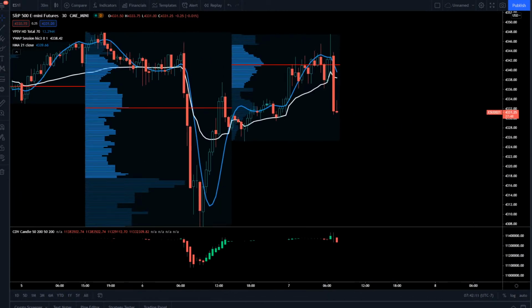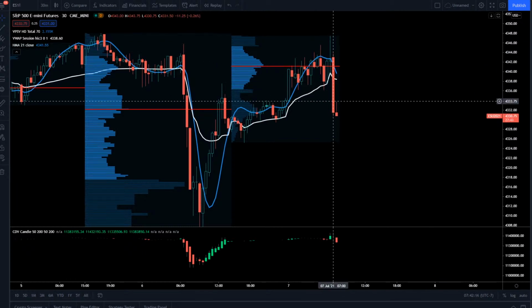So you're going to get some continued downside. I don't think this data is updated. It's not. This is the B bar and this is the C bar, but the C bar is much lower than the B bar.